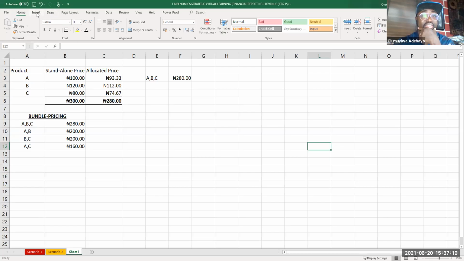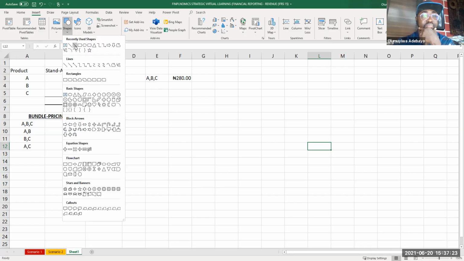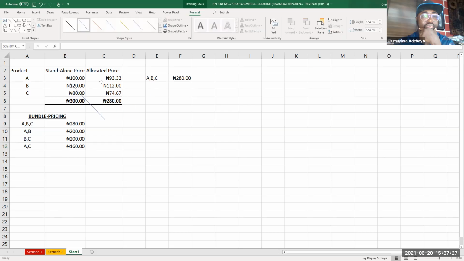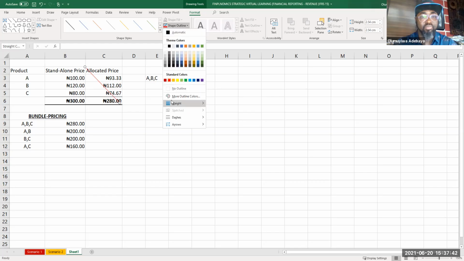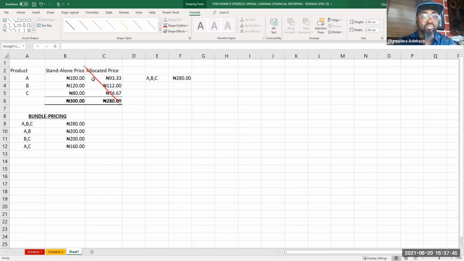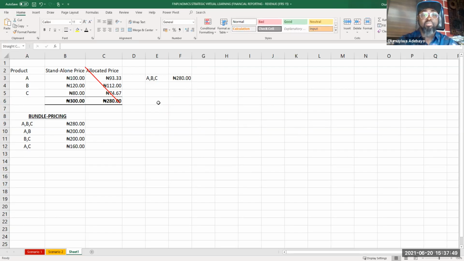Now, how will I split this? Who can tell me how I will split it? Look at the pattern here.